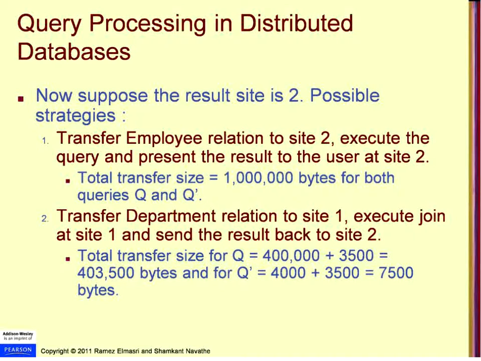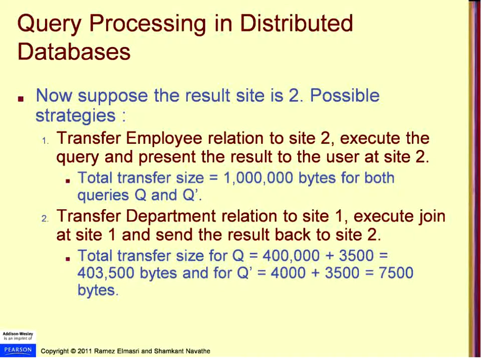Okay. The second strategy can be transfer department relation to site 1, execute join at site 1, and send the result back to site 2. Now this would require 400,000 plus 3500. And why is it 3500?